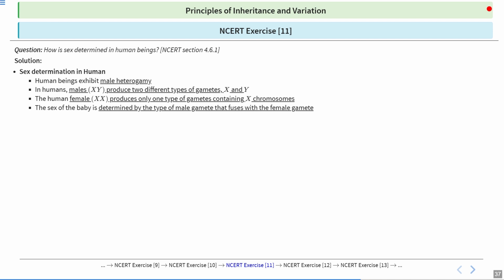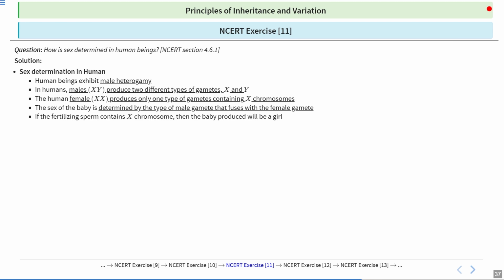If the sperm carrying X chromosome fertilizes the egg, then the zygote will contain X and X, and this will develop into a female child. If the sperm carrying Y chromosome fuses with the egg, then the zygote will contain X and Y and this will develop into a male child.